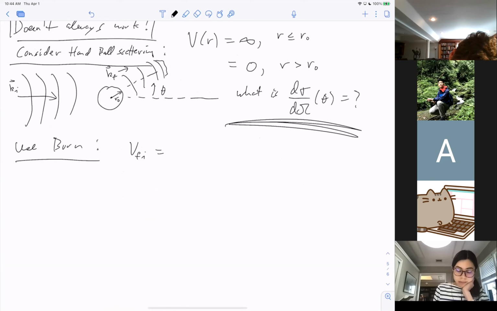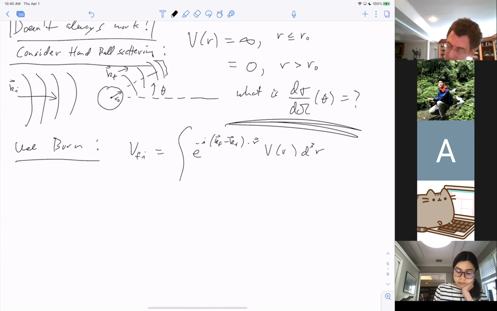I have to do this integral with e to the negative i (k final minus k initial), the transferred momentum, and find the Fourier component of the potential. Then I square it, and that gives me my differential cross section. But now comes a problem, because this is an integral over all space.